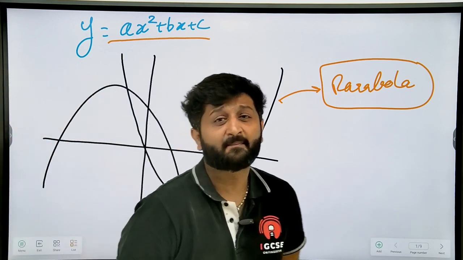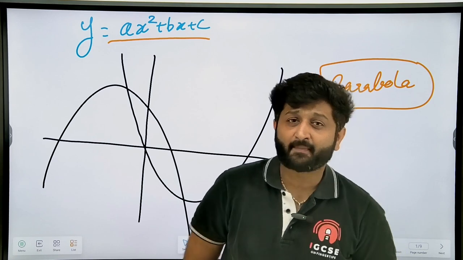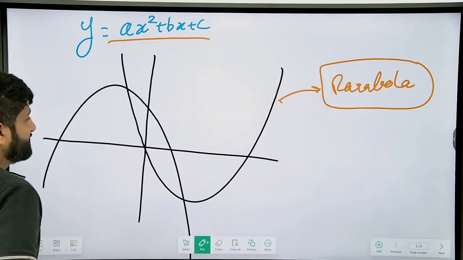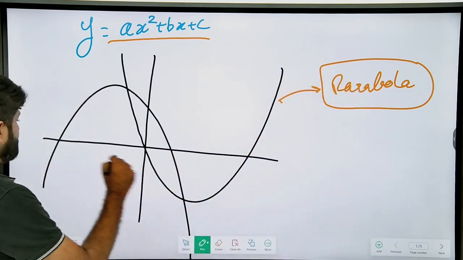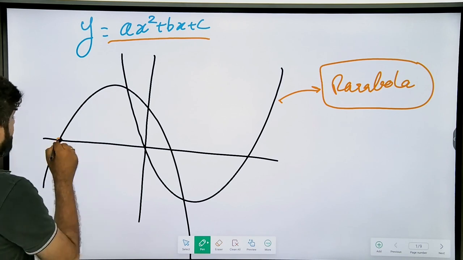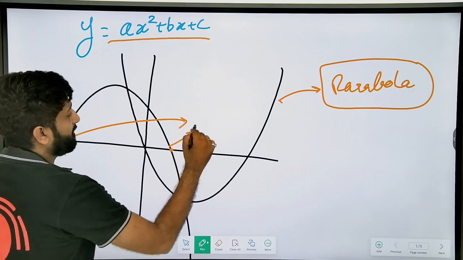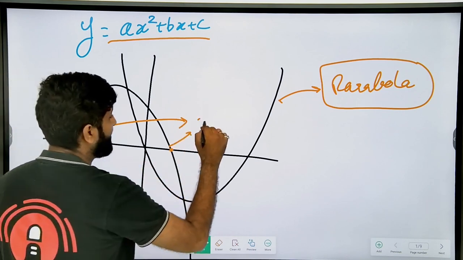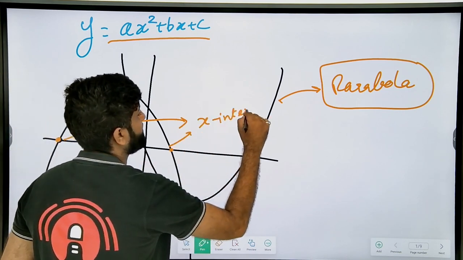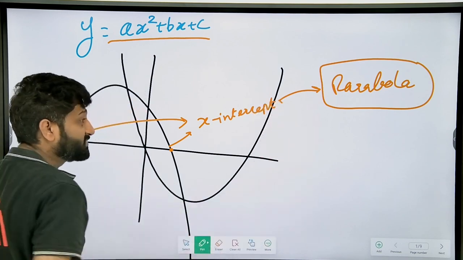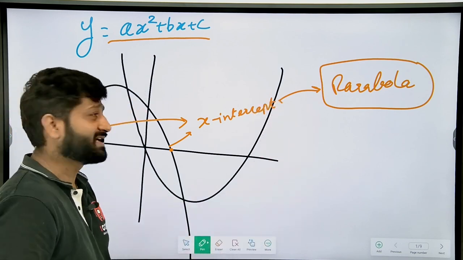Now, what are the points that are important to plot in a parabola? There are a few points which you need to consider. The first is these points. Now, what are these points, guys? These points are known as my x-intercepts, which means the points where the graph crosses the x-axis.